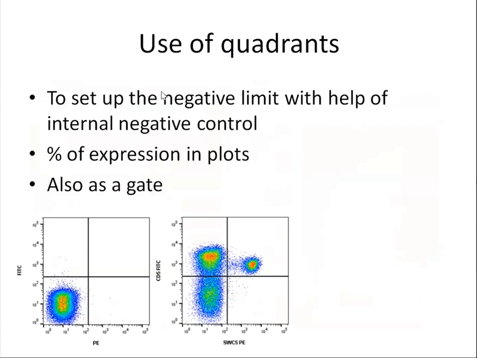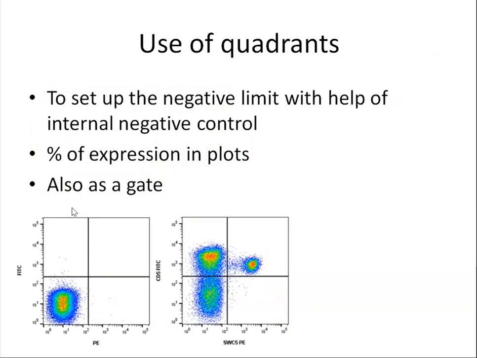Quadrants are something we draw to set up a negative limit with the help of an internal negative control. For example, I want to analyze a population and this is a negative internal control. I gate this particular population in this plot and then adjust the quadrant in such a way that the negative limits are set.